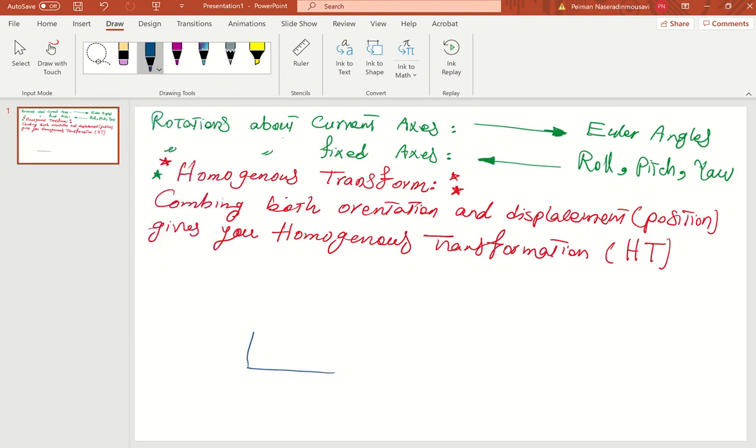Suppose that you have a planar fixed frame, O0, X0, and Y0, right?